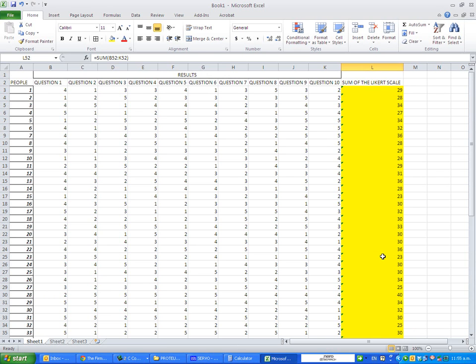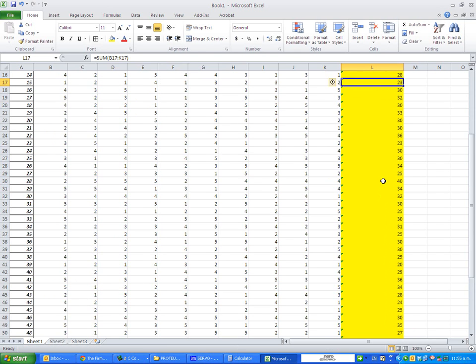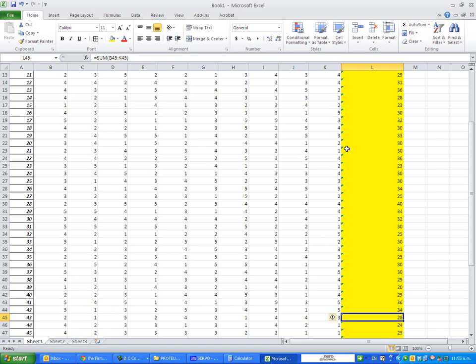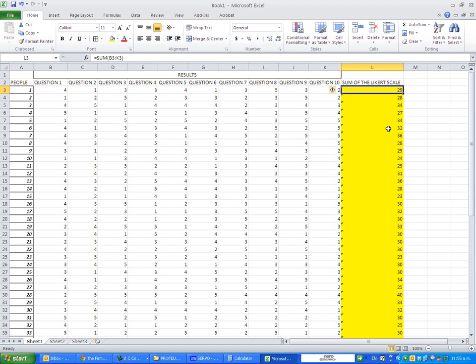So here I have the sum of each, the numbers where they scored. This can be very helpful for your analysis, because depending on your questions and your hypothesis, the higher they score, they tend to do something, or the less they score, they tend to do another thing. So it depends on you.